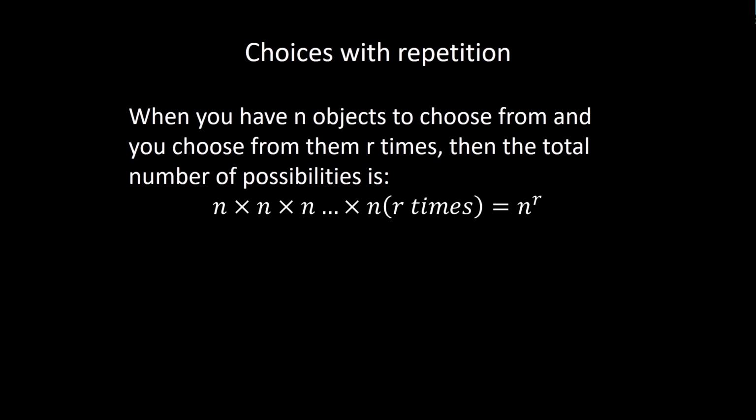outcomes. So, boiling this down to a formula, when you have n objects to choose from and you choose from them r times, then the total number of possibilities is n times n times n repeated r times. So n to the power of r.